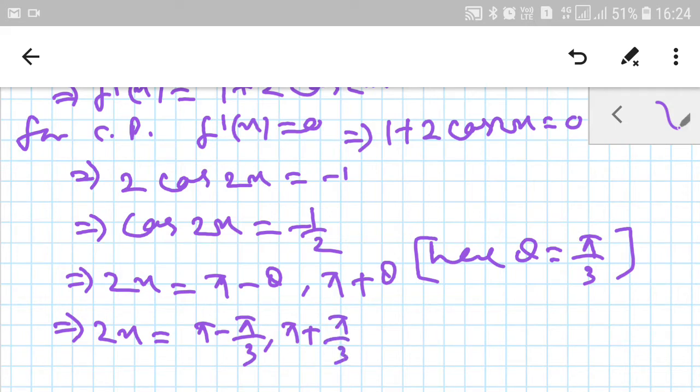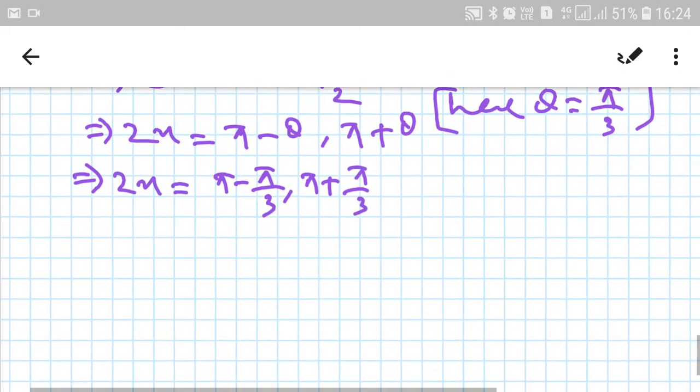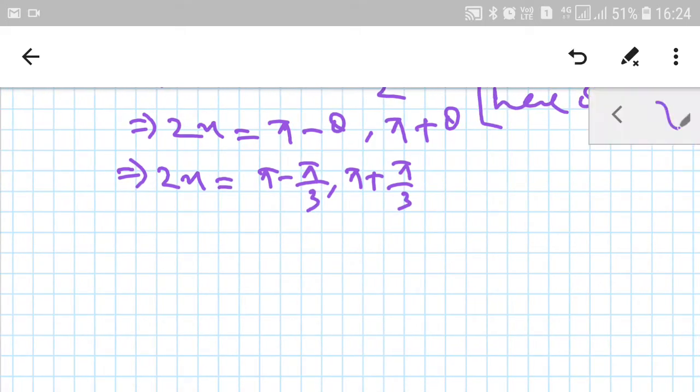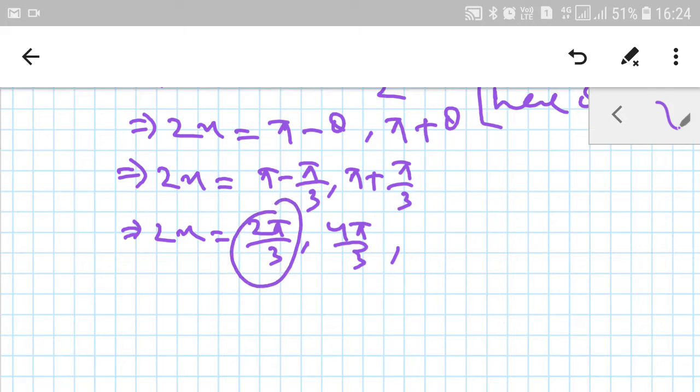Okay, then I will see the repeated values later on. That is 2x equals 2 pi by 3, then 4 pi by 3. Let us take some more values. You add 2 pi to this, this will be 5 pi by 3.